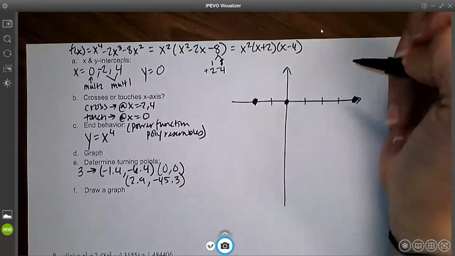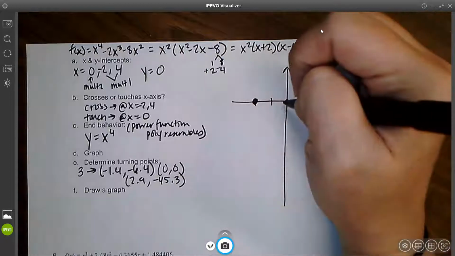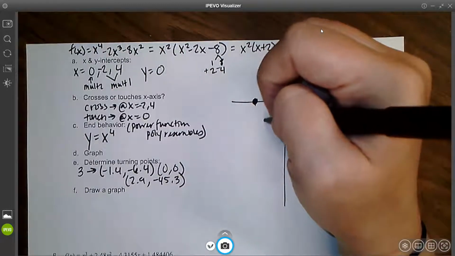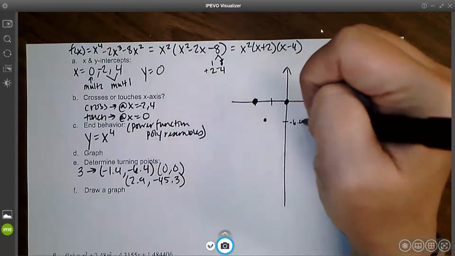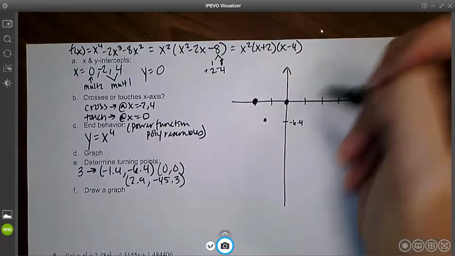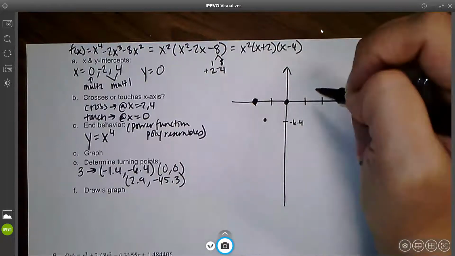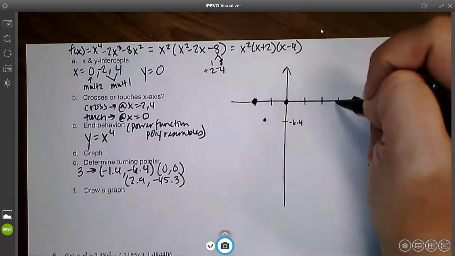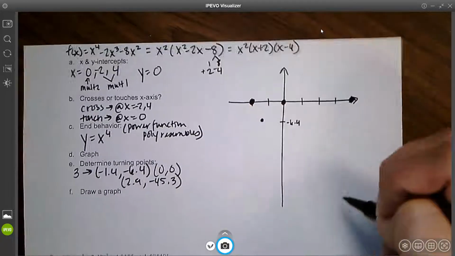We're going to have a minimum at negative 1.4, negative 6.4, and I'm just going to estimate here because my 45 is so low. And then I have my maximum there at 0, 0, and my minimum at 2.9 and negative 45.3.